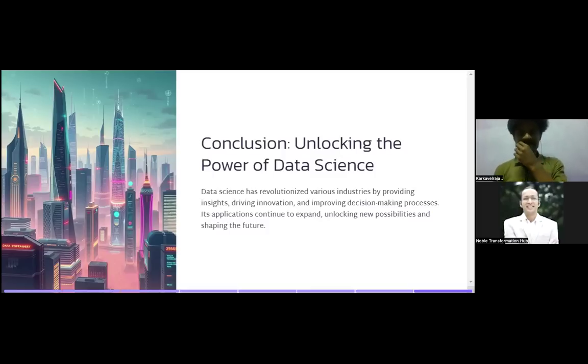By providing insights and driving value innovation, we have a tagline at Noble Transformation Hub: value innovation. We always need sustainable innovation, driving value innovation, improving decision-making processes, and its applications continue expanding and unlocking new possibilities.